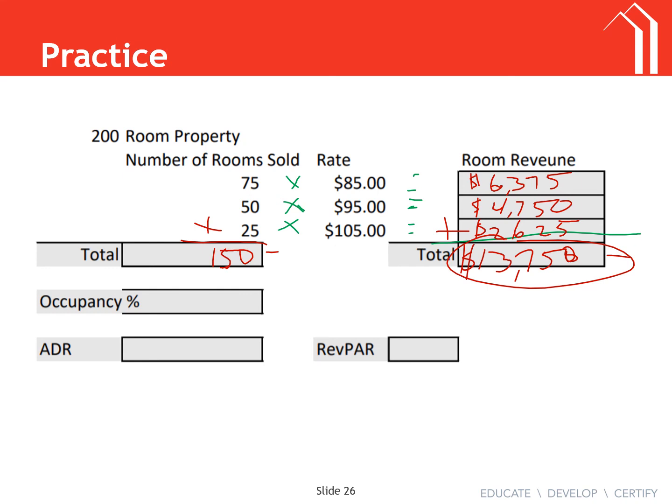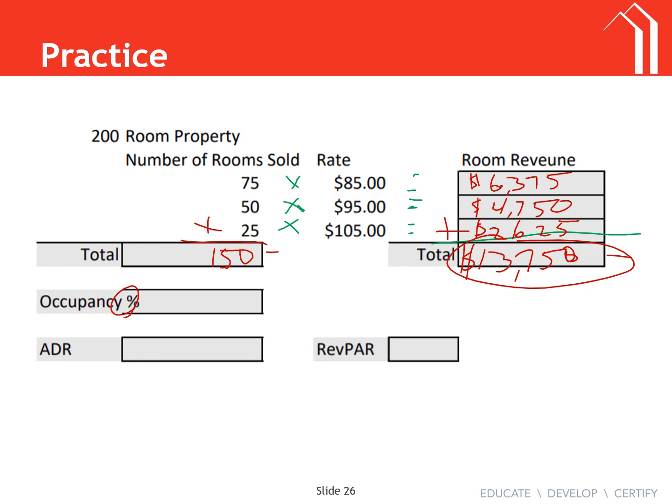Okay, so let's talk about this now. Occupancy percentage. How do we figure out occupancy percentage? Paula. Okay, so occupancy percentage, it's a percentage, so what are we looking for? Part over the whole, right?